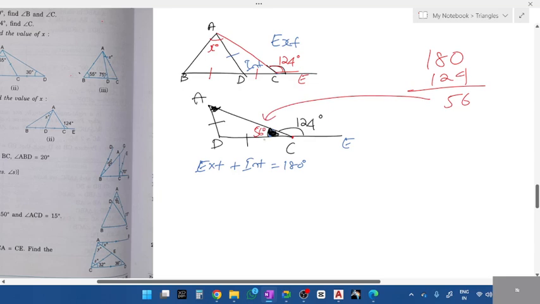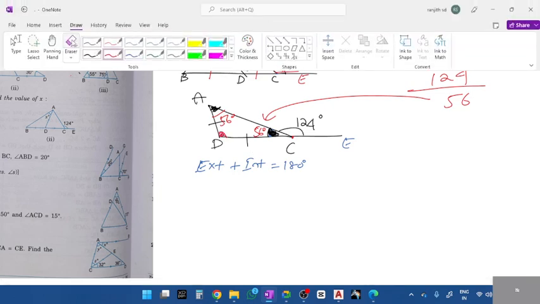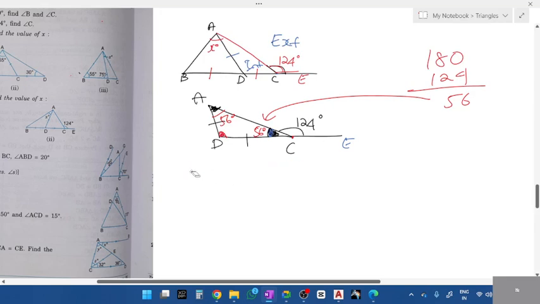Which two angles are equal? Angle C and angle A. So what about angle A? 56 degrees. Correct. Then how will you find angle D now? Sum of interior. You can apply sum of interior, and what's the other option? Exterior is also given.